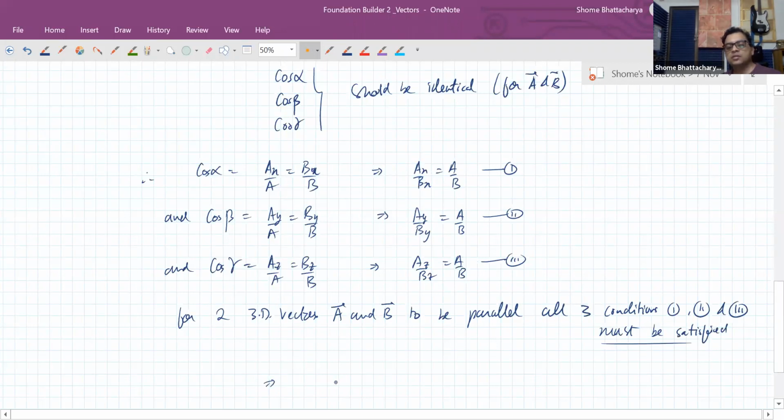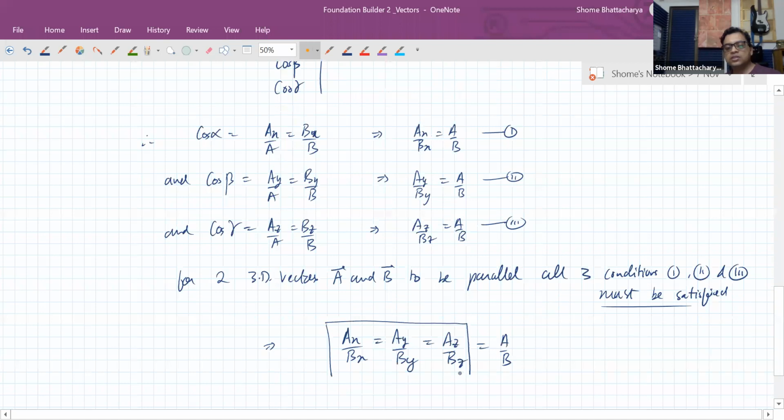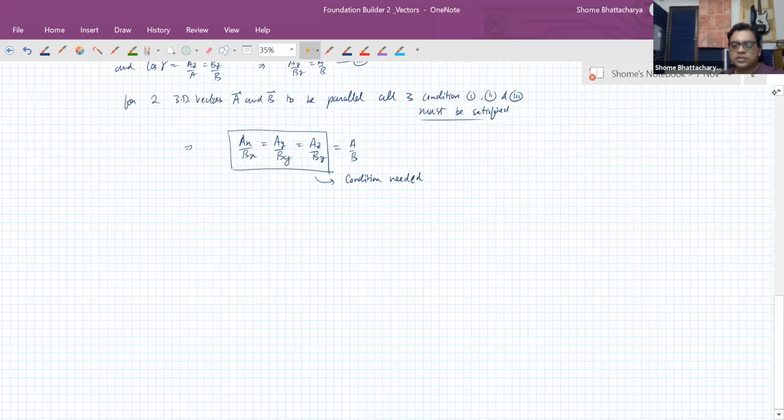So that means if you combine the three, you will see that Ax upon Bx should be equal to Ay upon By, should be equal to Az upon Bz, should be equal to A by B. So obviously, if these three are equal, then they will be equal to the ratio. So this becomes a necessary condition. So this becomes the condition needed. Okay. Just make a note of this, and we will discuss some more examples of this in 3D case also.